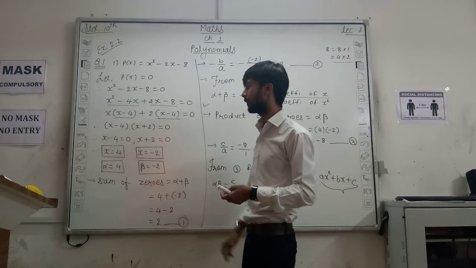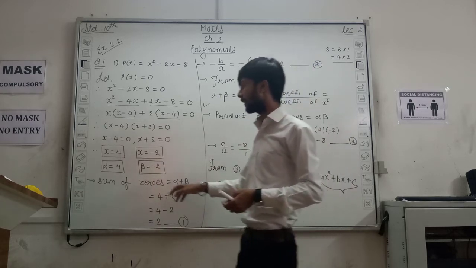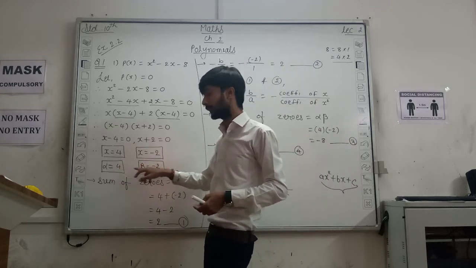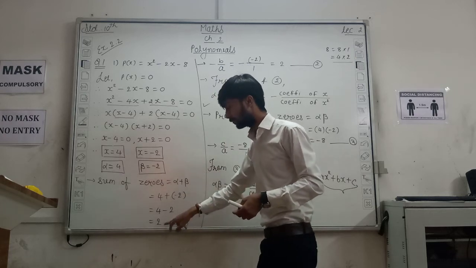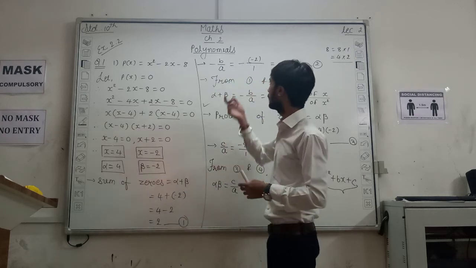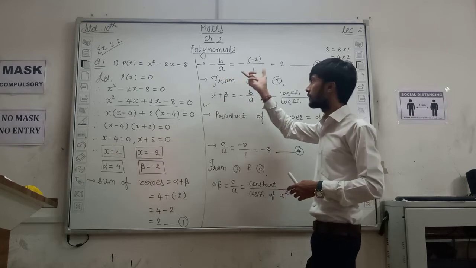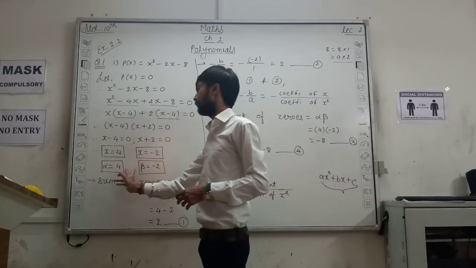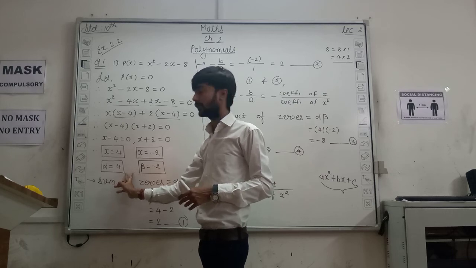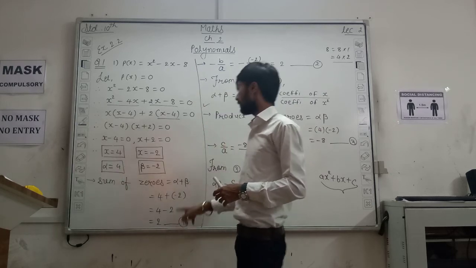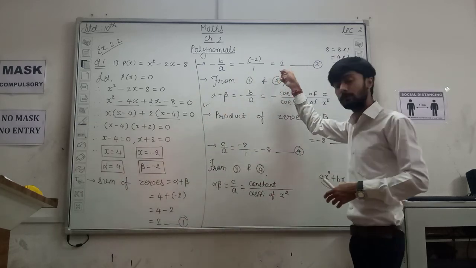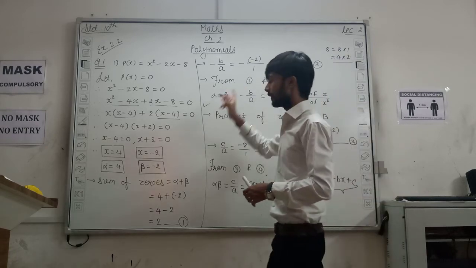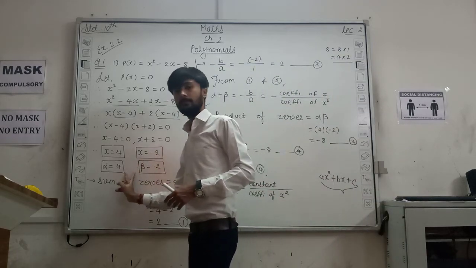Now the relationship. The sum of zeros, that means the sum of these two, gives 2. By the formula -b/a, we also get 2. That means our answer for the sum of zeros is the same from the formula, so our zeros are right.